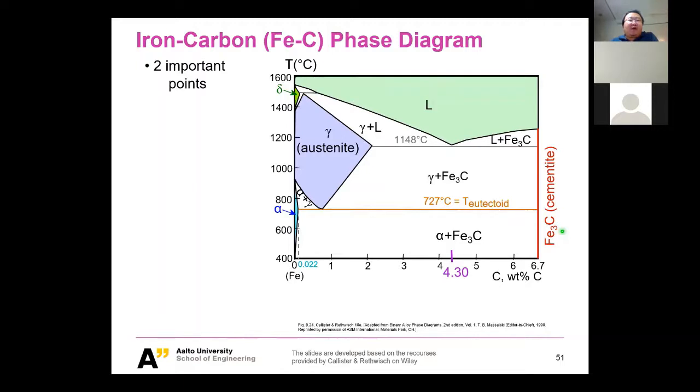And if you take a look at the diagram itself, you could already easily observe we have 2 unique points. Maybe we can try to count how many solid phases we have first. Let's start from top to bottom. Let's try to explore this phase diagram a little bit. Here we have one very small cute phase called delta, which is almost not used at all.